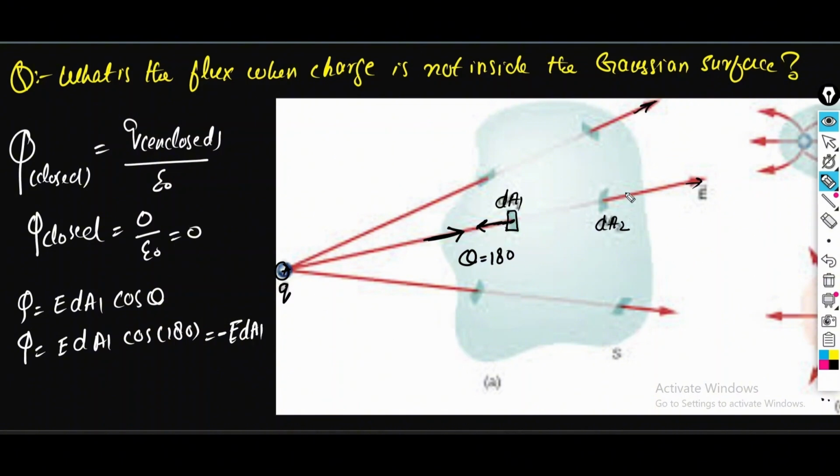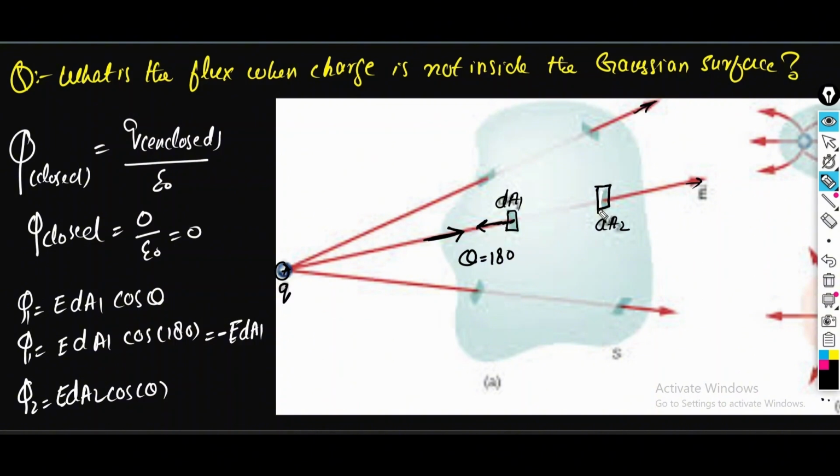Similarly, the flux through this area where the electric field line is coming out of the Gaussian surface: this is the flux through area 1, and this is the flux through area 2, which is equal to E dA2 cos of theta.